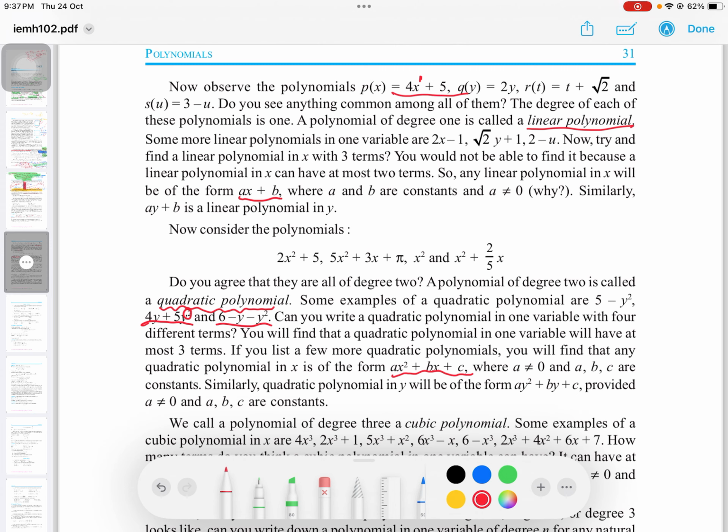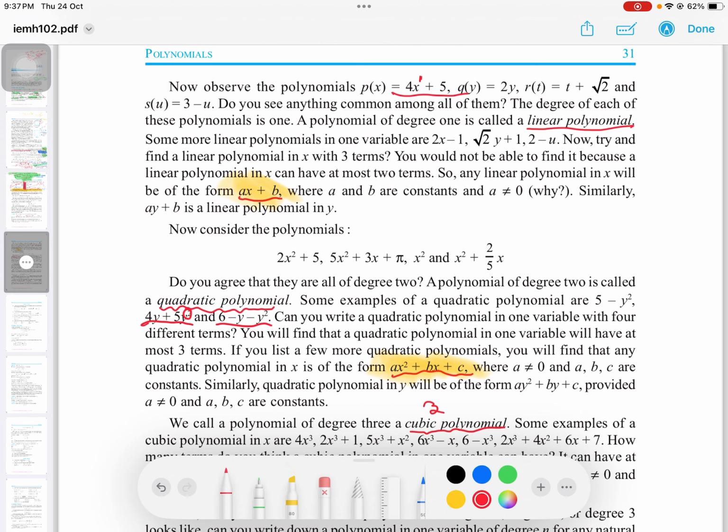A cubic polynomial, obviously now you can guess, has degree 3. You might have noticed a pattern arising here: ax plus b, ax squared plus bx plus c.